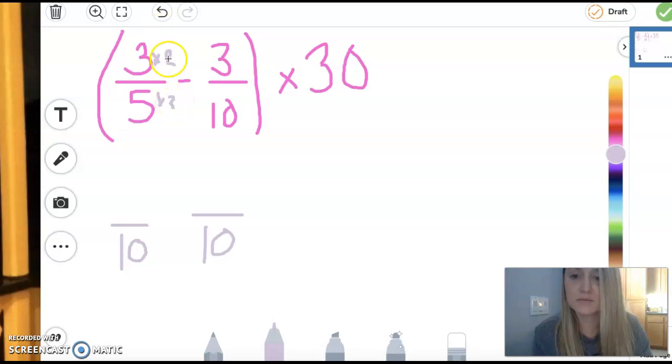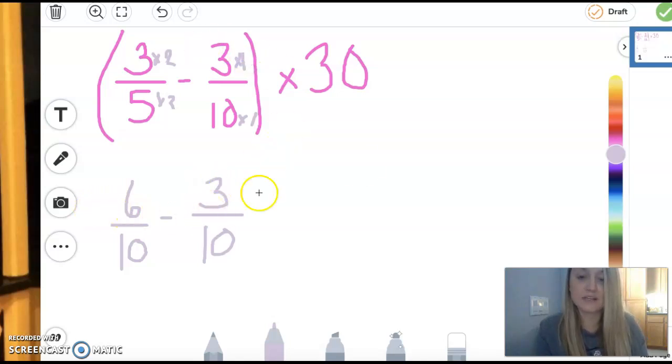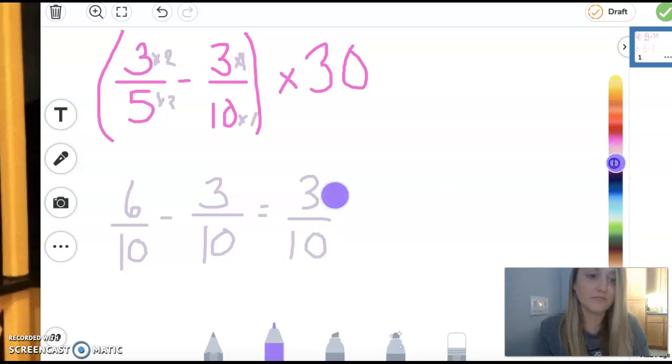Whatever you do on the bottom, you must do on the top. So we have 6. And then 10 times 1 is 10. Whatever you do on the bottom, you must do on the top. So 3 times 1 would be 3. Okay, so 6 minus 3 equals 3. Denominator stays the same. And I'm going to take my 30 here and do 30 over 1.